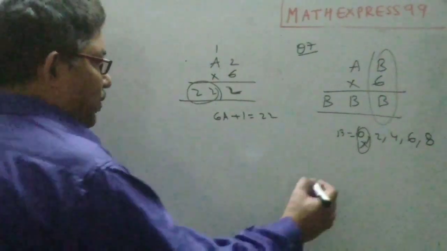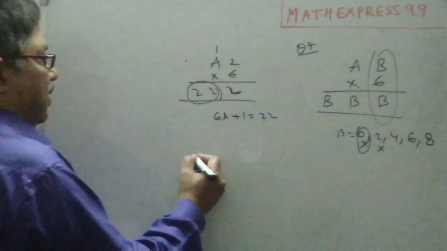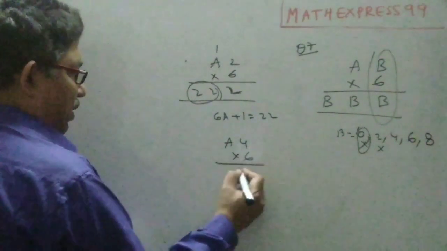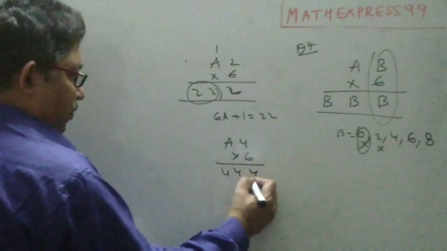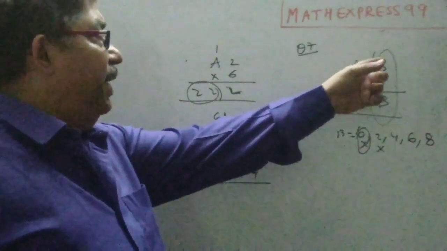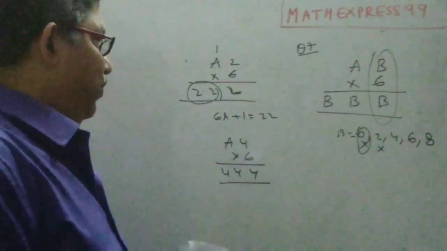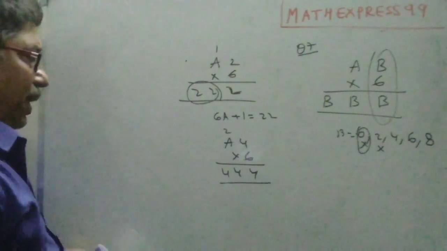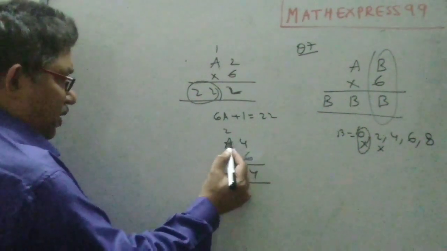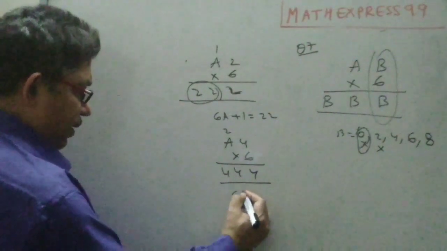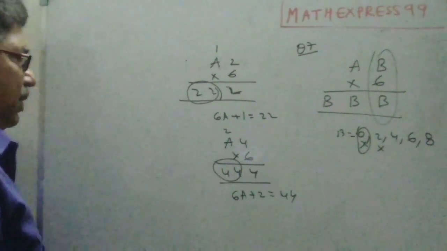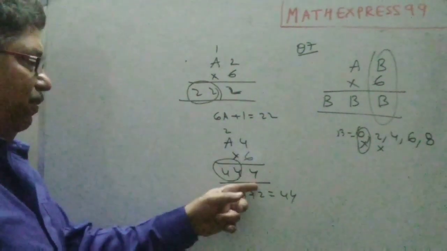Let me try A4, and now this time I'm taking 4. A4 into 6, 4, 4, 4. See, wherever I had B, I have put 4, 4, 4. So 6 into 4 is 24, okay. And 6 into A plus 2 is 44. 6 into 4 is 24 and 6 into A plus 2 is 44.